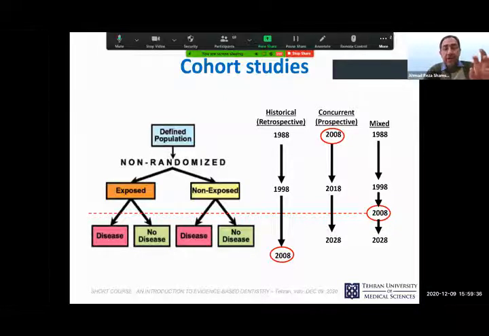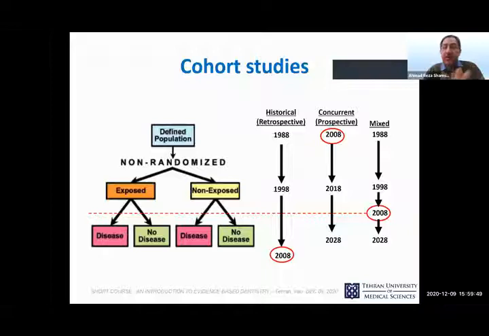Here, the researcher has no control over the exposure measurement and outcome measurement. So the definition of exposure and outcome is held by the registry or another study that collected the data. So the evidence provided by historical cohort studies is the lowest one.